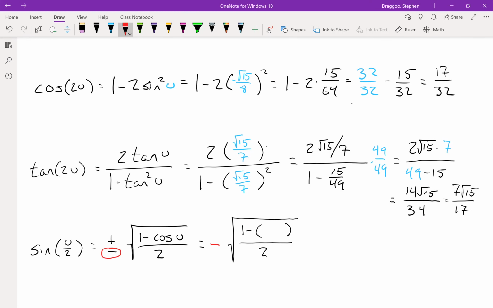So from that reference triangle, I'll grab the cosine value, which was negative 7 over 8. We'll then simplify that as much as we can. Multiplying 8 to both top and bottom, this becomes 8 plus 7 divided by 16, which simplifies to negative root 15 over 4.